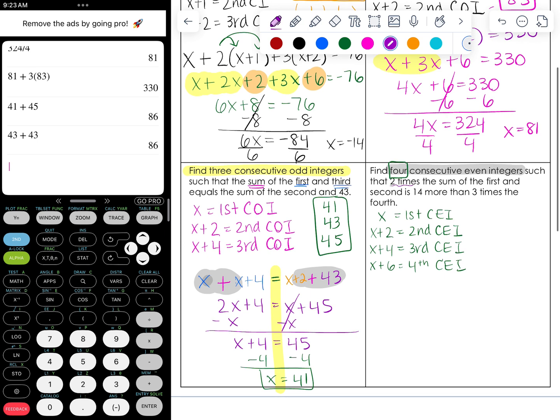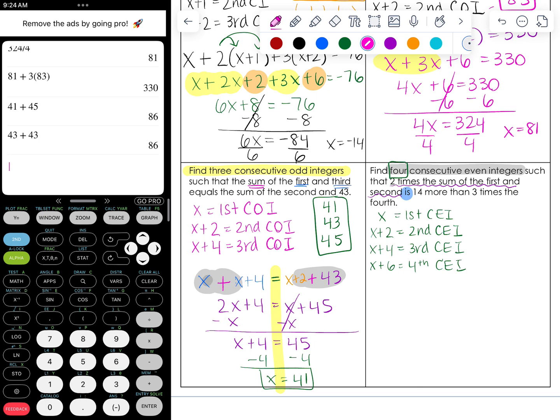Such that 2 times the sum of the first and second is 14 more than 3 times the 4th. That's a lot. So let's kind of break that down. Backtrack. 2 times the sum of the first and second.